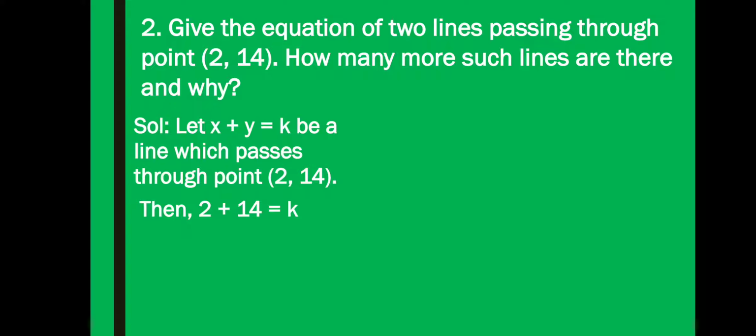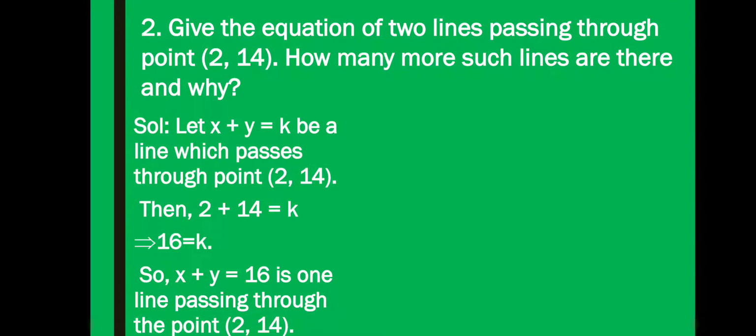So x plus y, that means 2 plus 14 is equal to k, because this is the point which satisfies this equation. We are considering that this point is the solution of this equation, so these two sides are equal. That means 16 is equal to k. From there the value of k becomes 16. Then we put the value of k in the equation we have considered, that is equation 1.